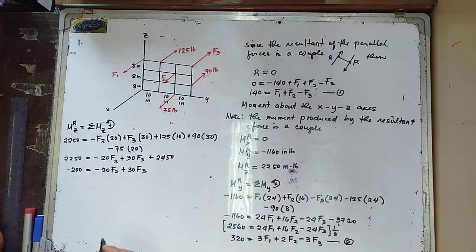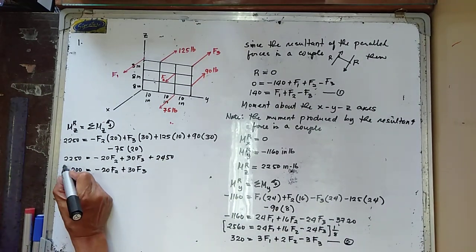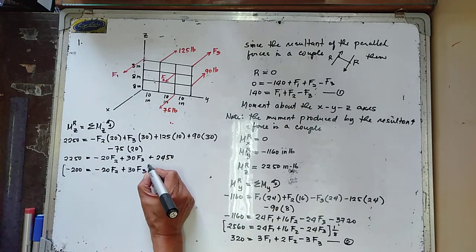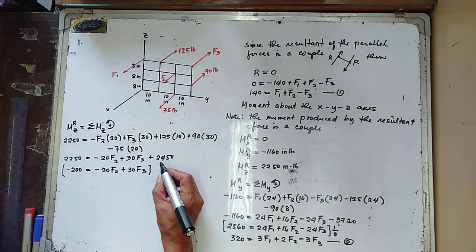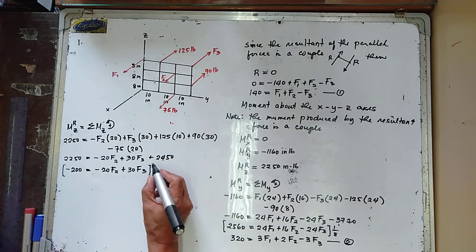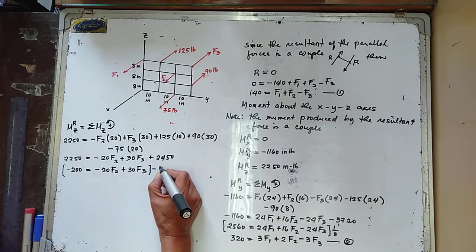Now, plus 30 F3. Now, let us try to multiply both sides of the equation by 1 over 10. So we have negative 1 over 10.